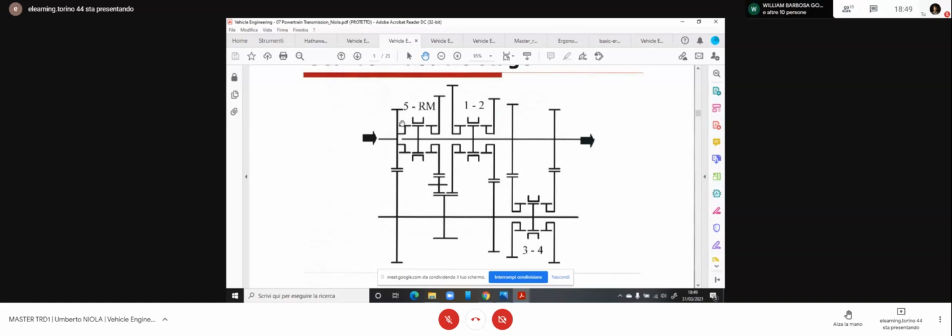So you can realize a unitary shaft to the output. You don't have any other delivery. Obviously, you have a friction anyway between the gears. They are always rotating, but they are free of load. They are unloaded, and so minimum mechanical losses, if possible.